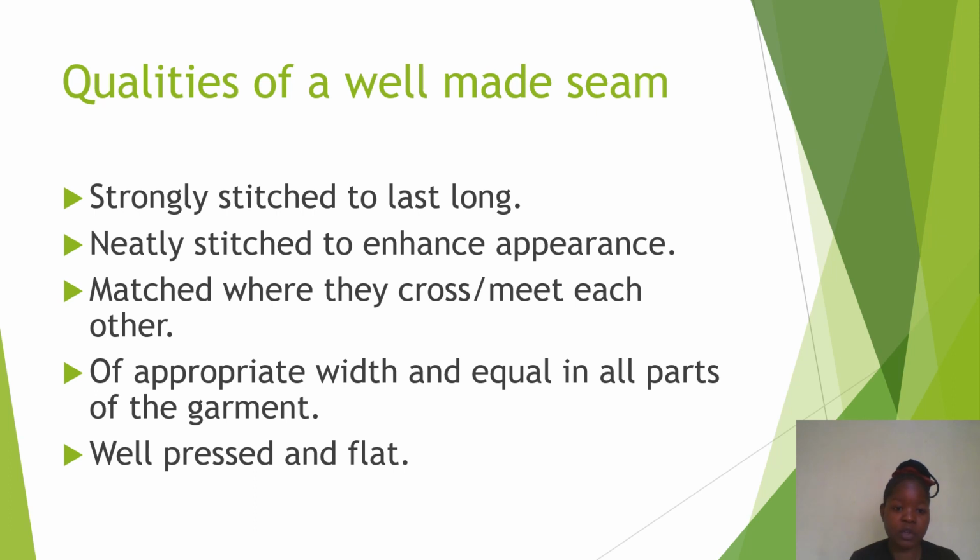So when you are joining your sleeve to the armhole, the seam on the armhole should match with the seam on the sleeve. It should be of appropriate width and equal in all parts of the garment, well pressed and flat.